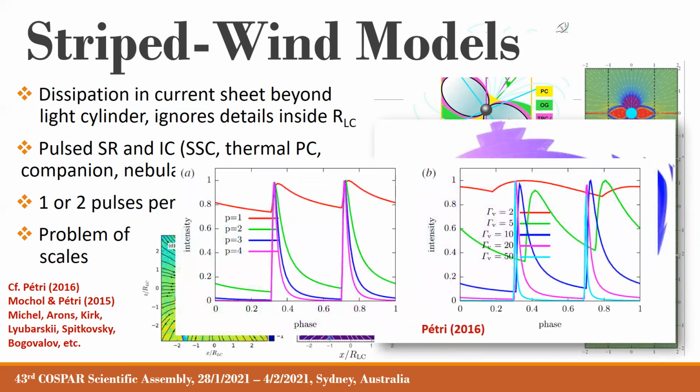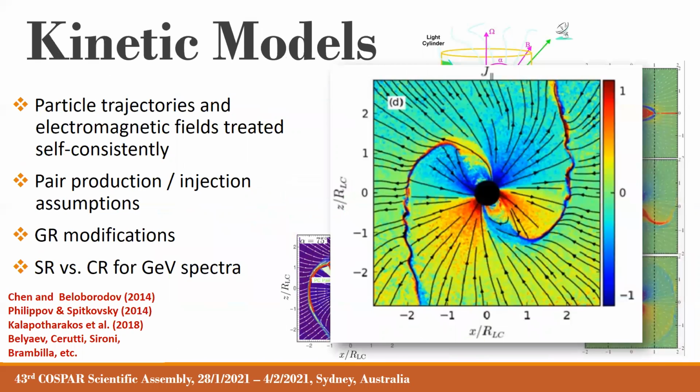This is an example by Petri of synchrotron emission from the current sheet for different injection spectra and different Doppler boosting. And one can see that there's quite a number of shapes that one can actually expect from this type of model for the light curves.